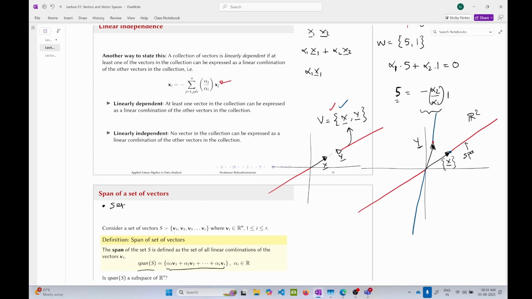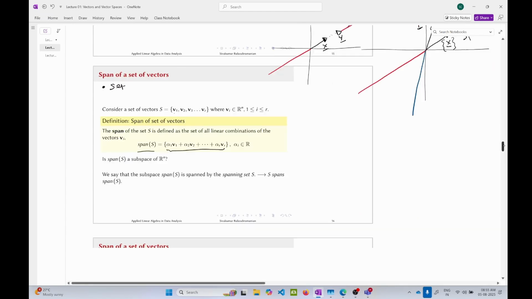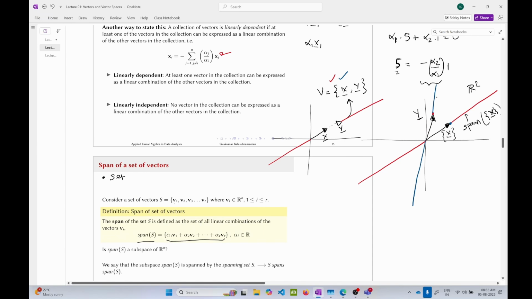This red line is the span of the set X. Another way to think of span is: I have a set of vectors. What can I produce by simply taking linear combinations of the set? That's the span. Similarly, this blue line that you have there is the span of the set containing this vector. Is it clear?